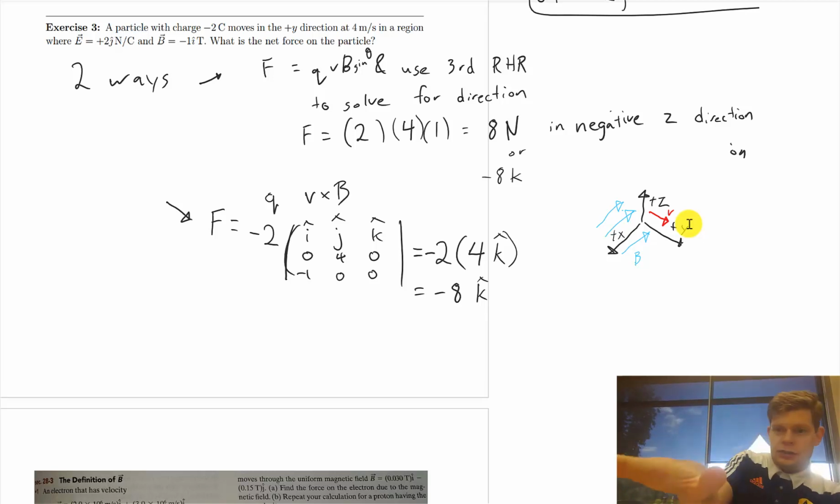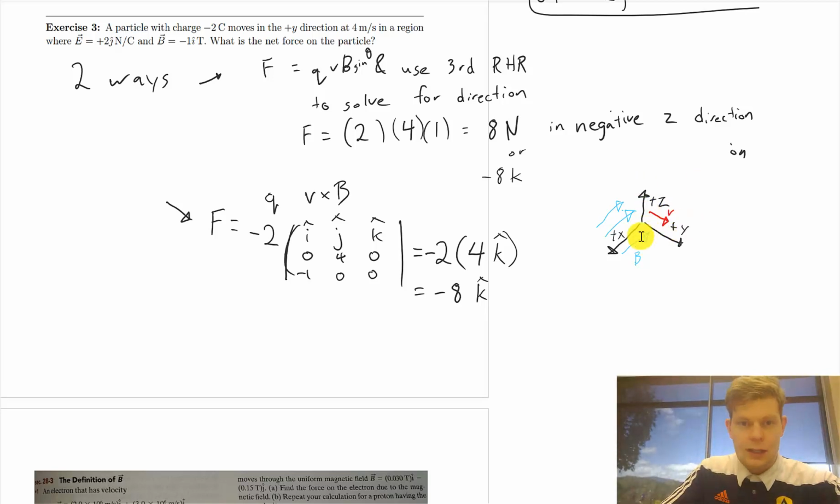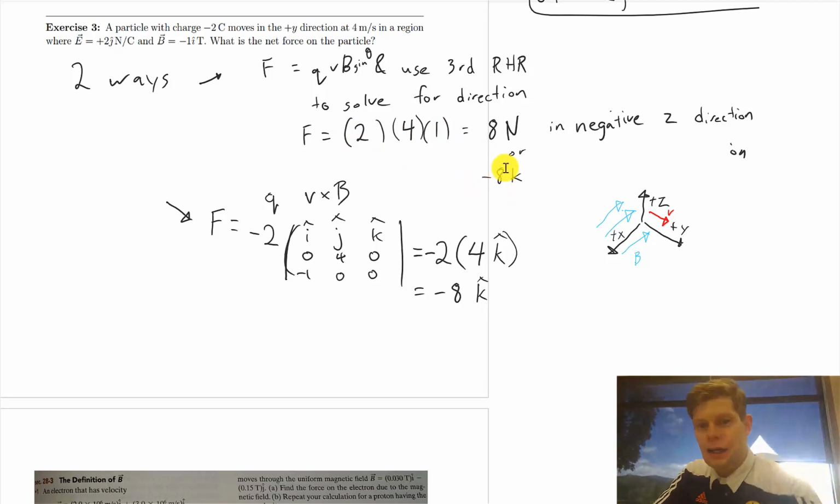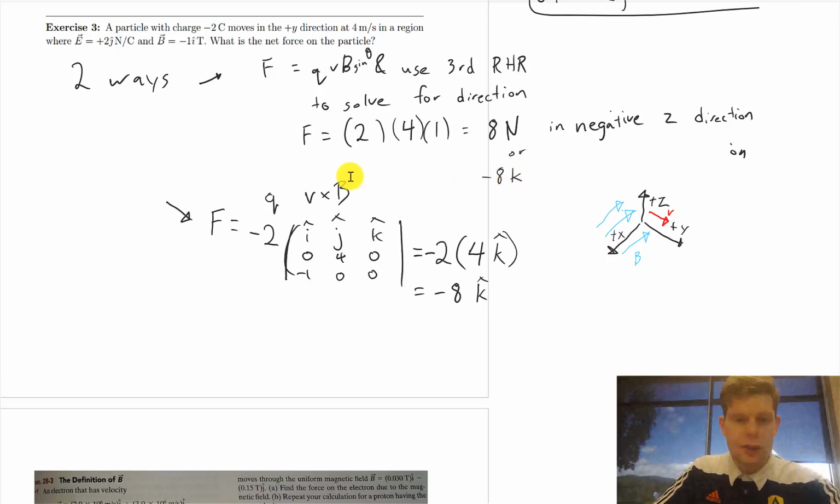And so if we do this, notice our palm would be pointing in the direction of the negative z-axis. So yeah, that's one way to solve for it. We just do 2 times 4 times 1, made them all positive, and then used right-hand rule to figure out direction. Worked great. We got 8 newtons in the negative k direction, negative z direction.